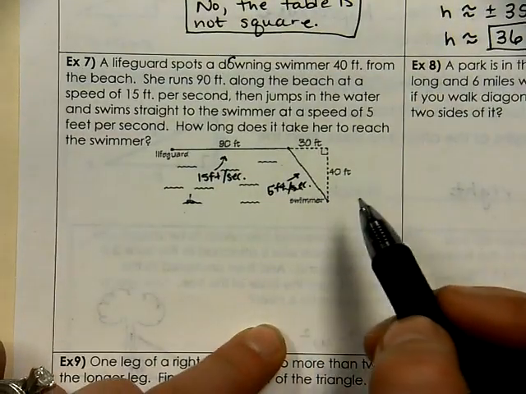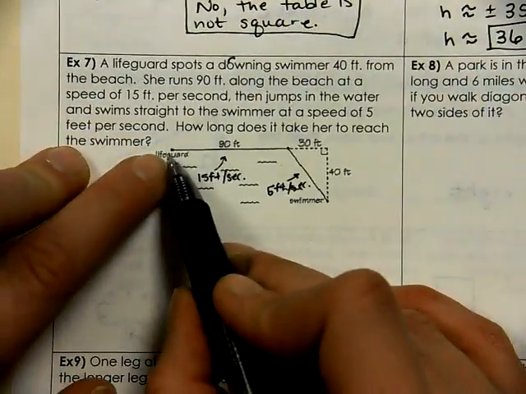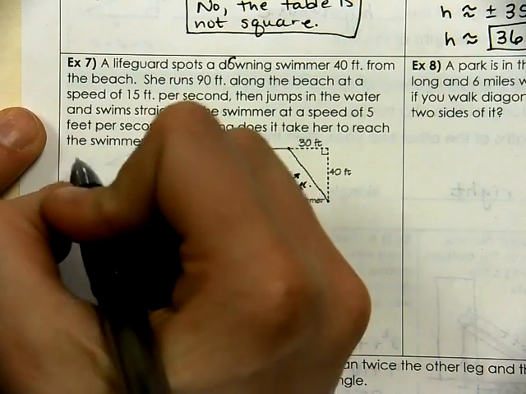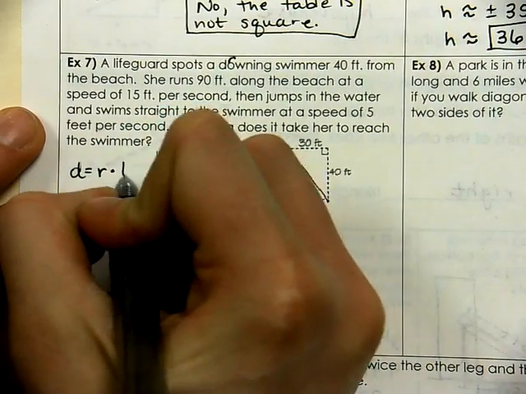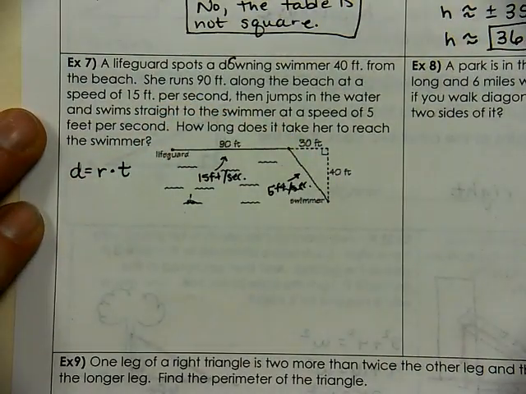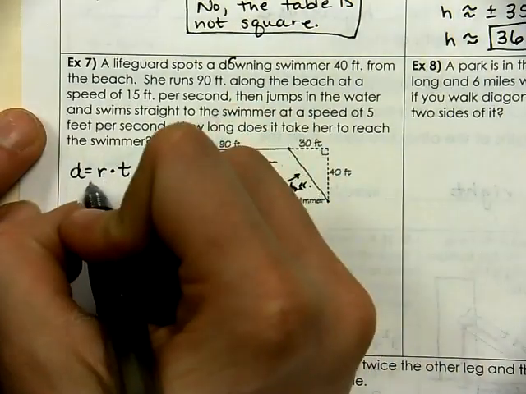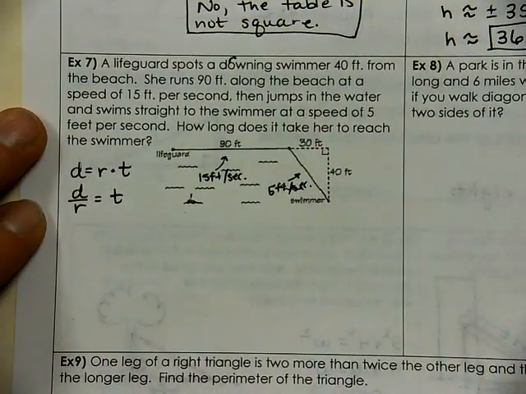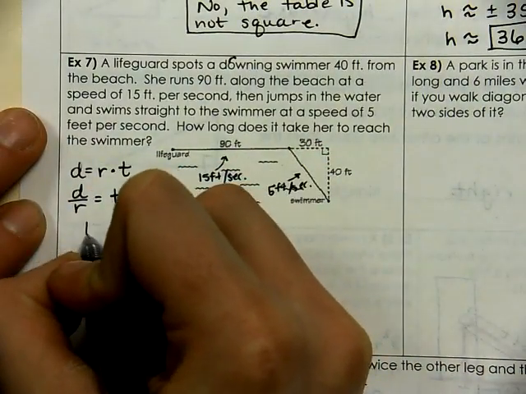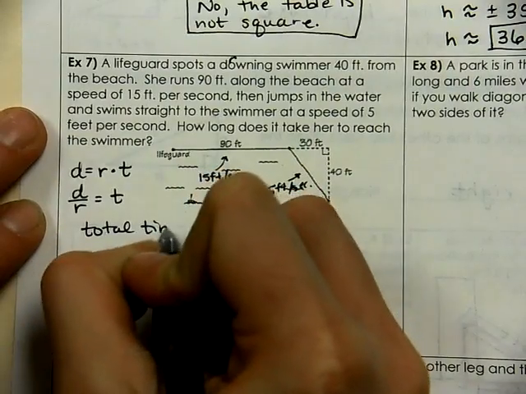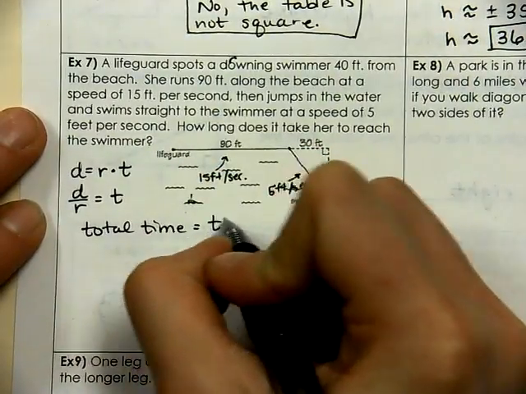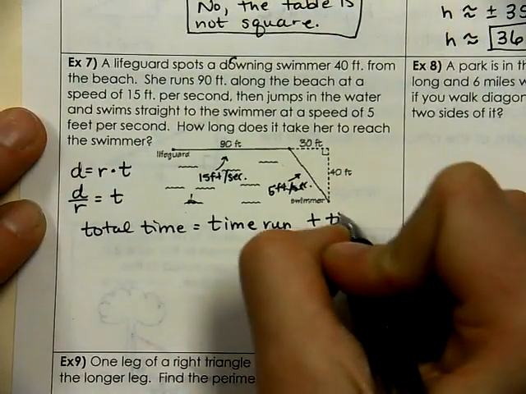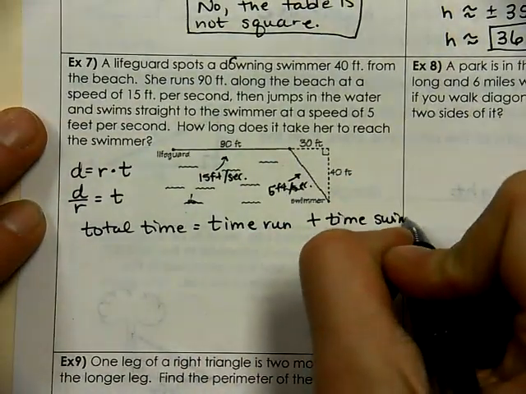How long did it take her to reach the swimmer? Well, there's two parts here. It takes her some amount of time to run, and then it takes her some amount of time to swim. So I know that distance is equal to rate times time. Or, in order to find the time, I know that my distance divided by my rate equals my time. So my total time will be the time spent running plus the time spent swimming.